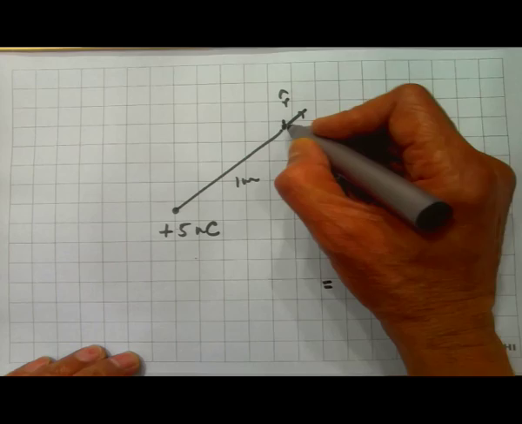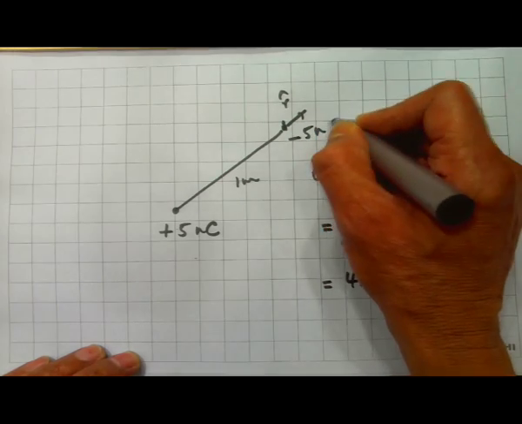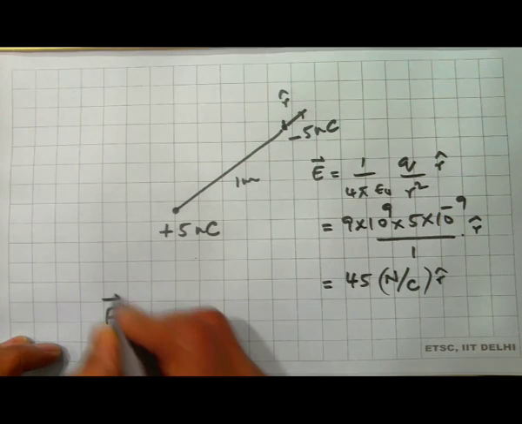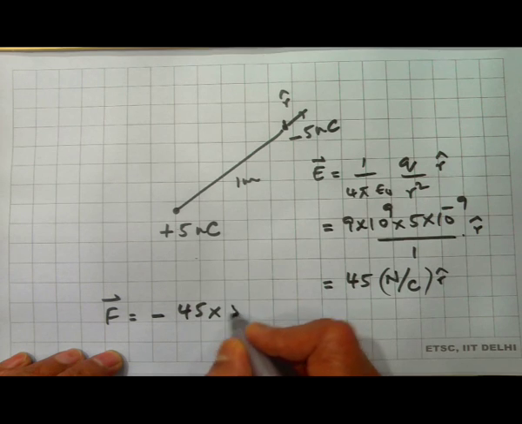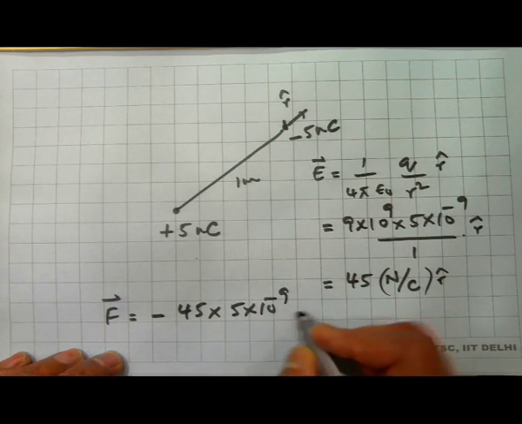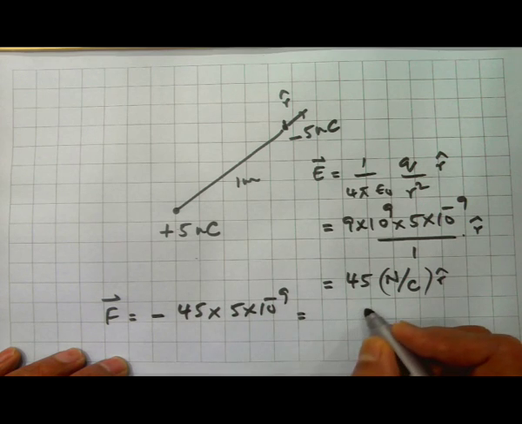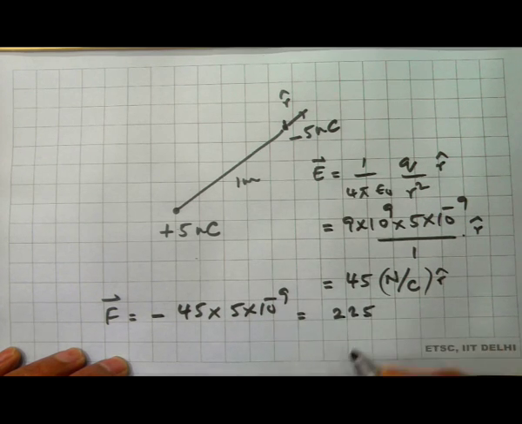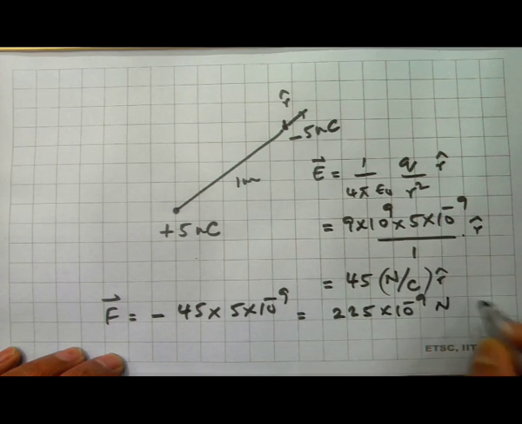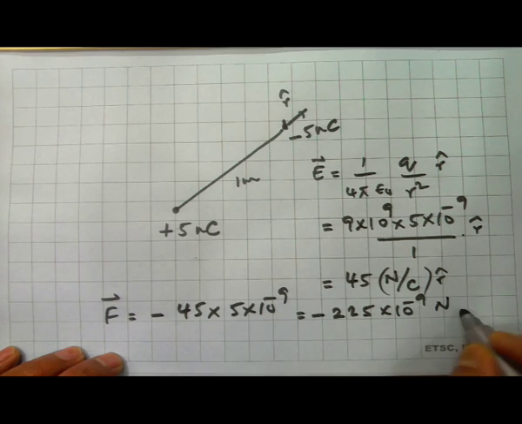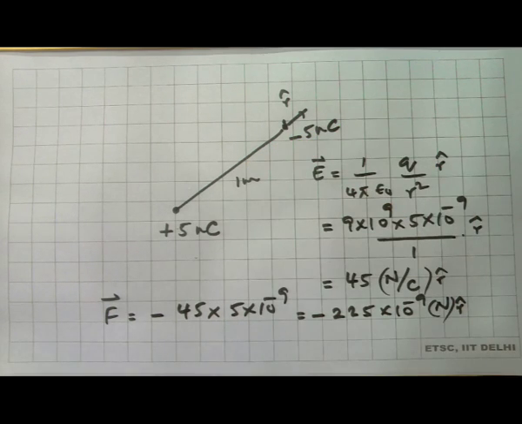If you happen to put a charge, say minus 5 nanocoulombs here, the force on that will be minus 45 into 5 into 10 to the minus 9 newtons, and as you can see, it is in the minus r cap direction. So, there will be a force of attraction here towards this first charge.